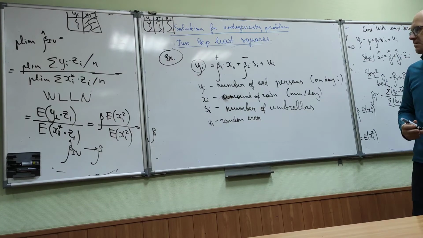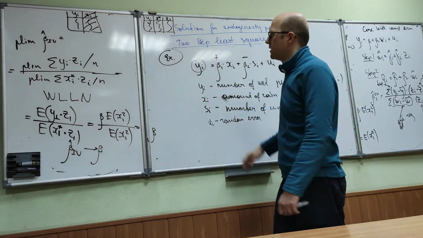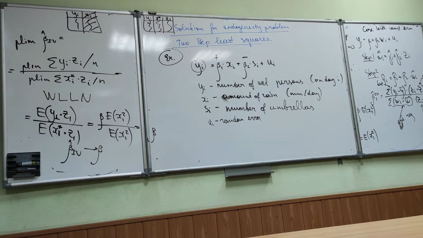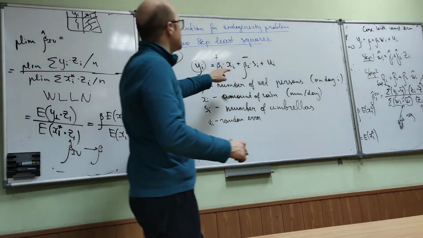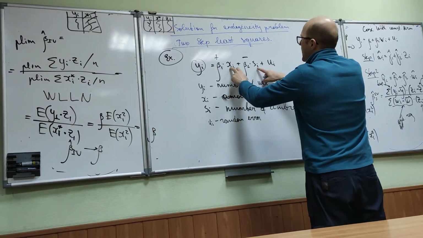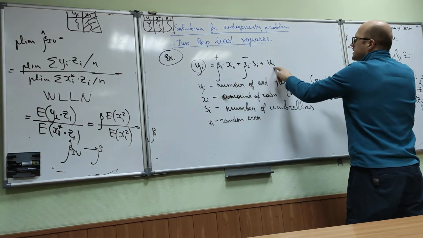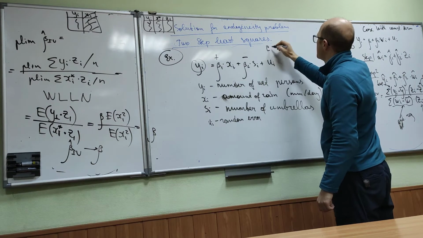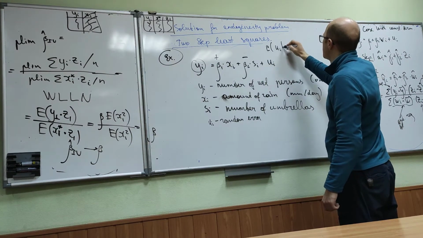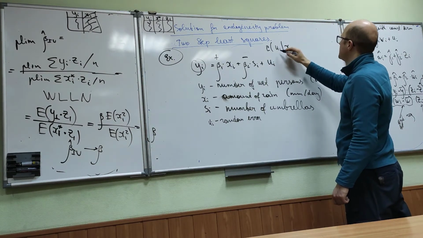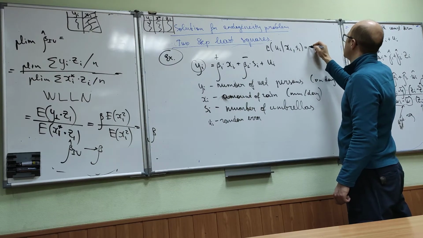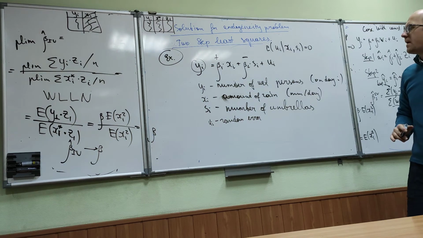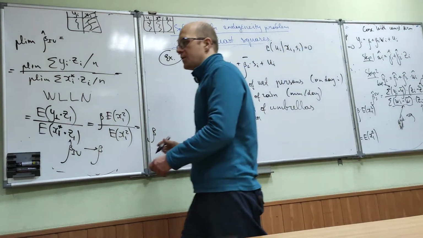And now imagine that you have no data on the rain. These x and s are exogenous to you, so the expected error u given x and s is 0.